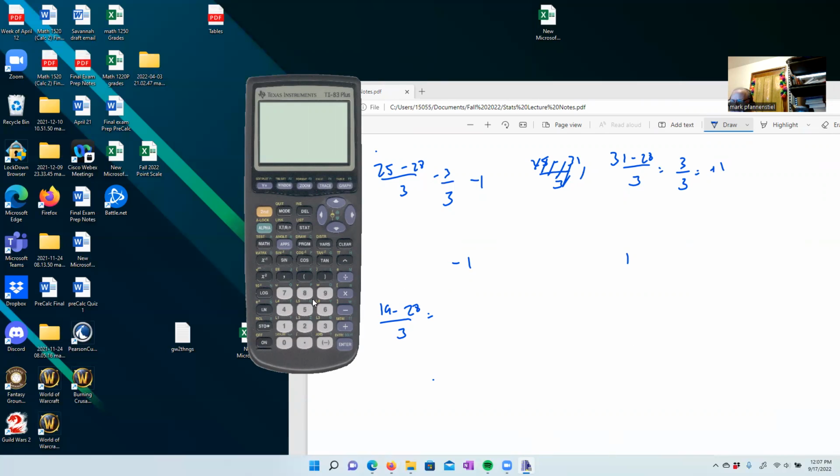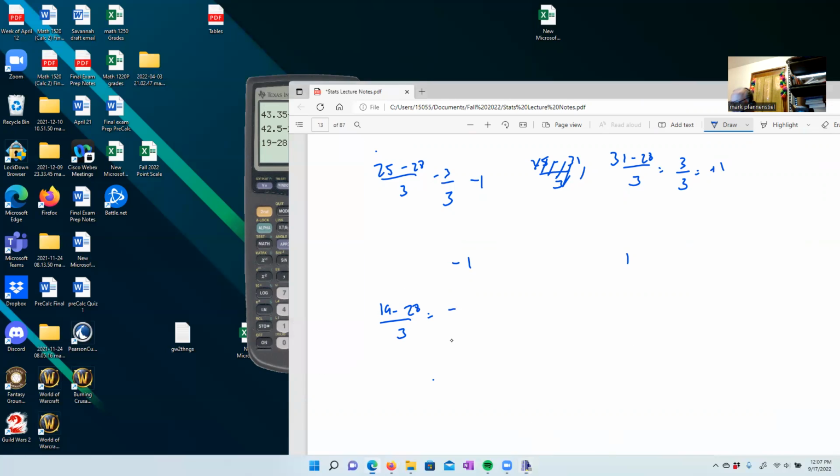So 19 minus 28 equals -9, and then divided by 3 is -3. This is the other value they wanted. It's probably going to be the same on the other side, but we're going to double check.